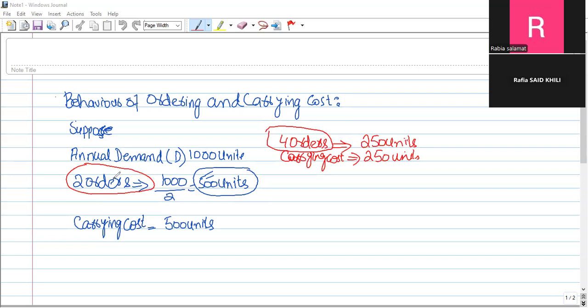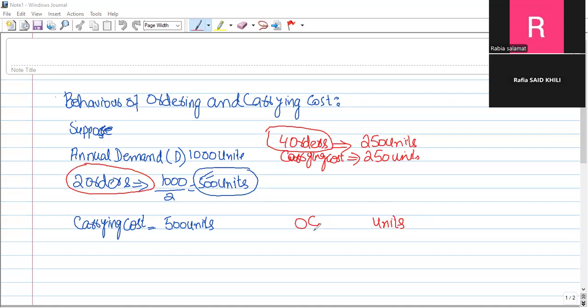If I order two times in a year, how many times is my cost incurred? My cost is incurred only two times, but my number of units is increased. So what do we conclude for the ordering cost and units?